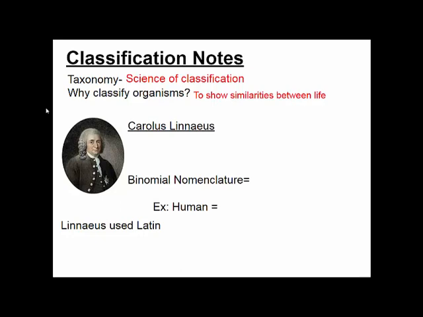His actual name was Carl von Linné, but he changed his name to Carolus Linnaeus because it sounded more Latin. It sounds like a science. He was a big fan of the Latin language. We sometimes call him the father of taxonomy because he came up with the system that we really still use today to categorize and classify living organisms.